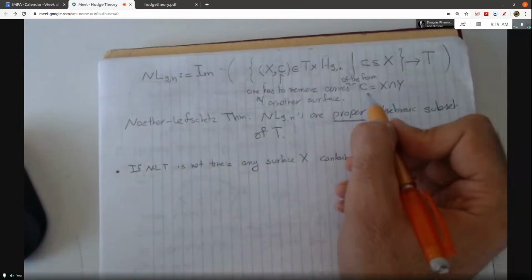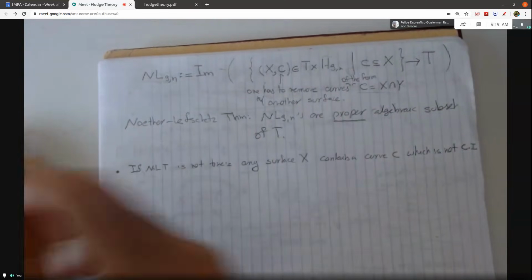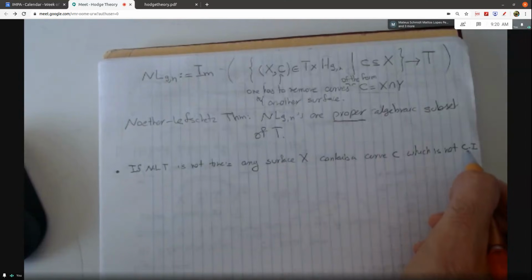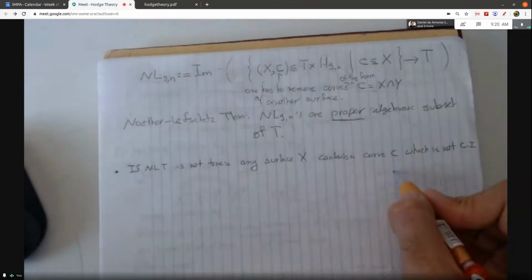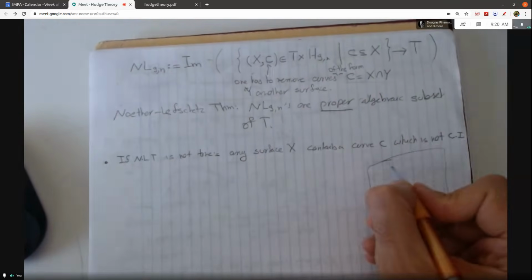But the point is that any surface will contain a curve which is not a complete intersection, but we want to choose these curves in a continuous family. So if I jump from one surface to another surface, maybe I say what is the role of the Hilbert scheme.